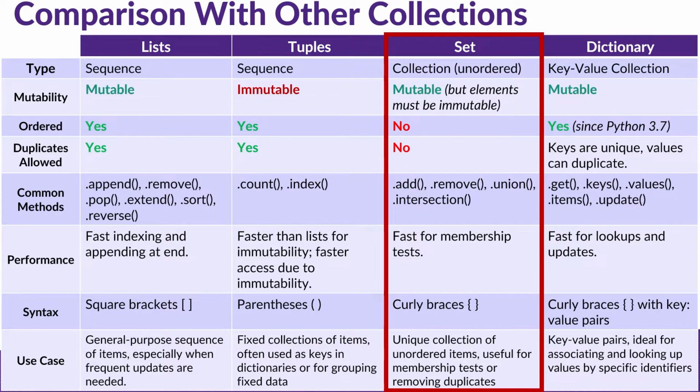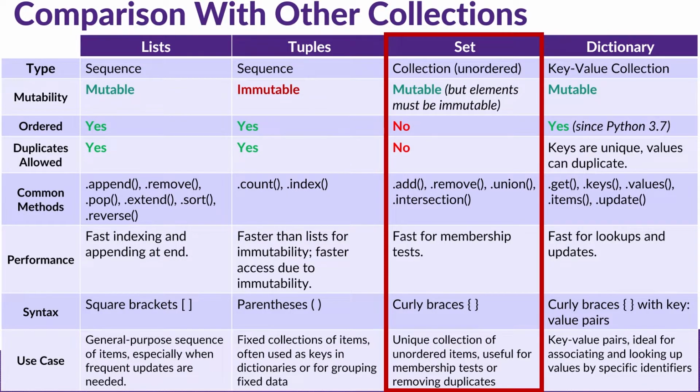Sets aren't going to be good at finding a specific element or adding an element to the end of the collection because they have no order, so neither of those operations are possible. However, this sacrifice makes them quite a bit faster for doing things like membership lookups, checking if a certain element is in a collection. Lastly, dictionaries tend to be faster when you're doing lookups and updates for a very specific element stored at a specific key value.